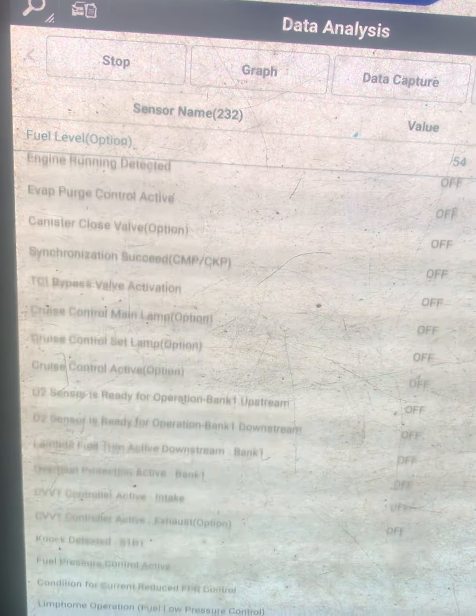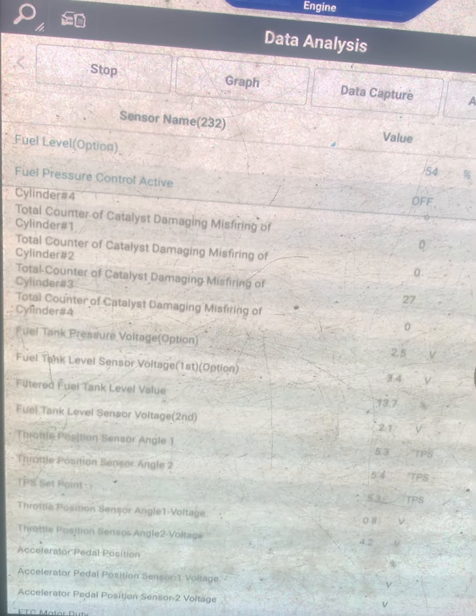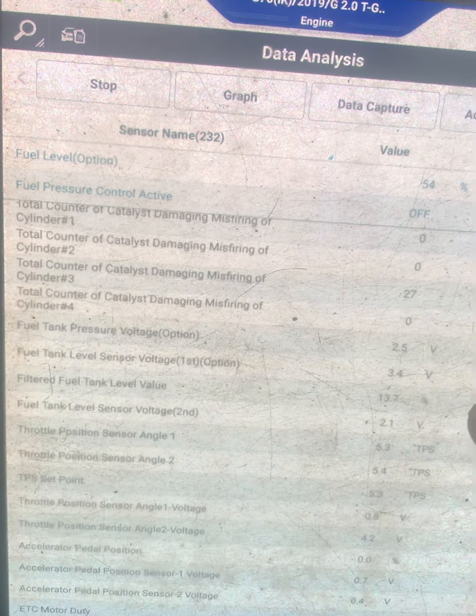This is fuel control active. I don't know what that is. I got this filtered fuel tank level value.